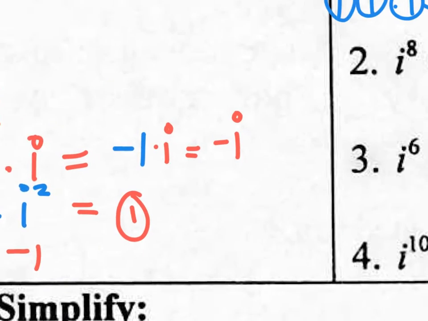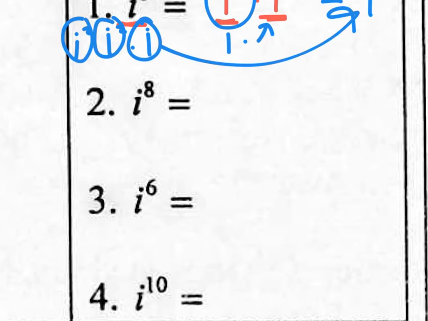So you could use that fact on this next one, number 2, i to the eighth. What's that really going to be? It's going to be i to the fourth times i to the fourth. So that's really 1 times 1, so your final answer is 1. So i to the eighth is really just 1. It's a question of manipulating with exponents. i to the sixth. Let's rewrite that.